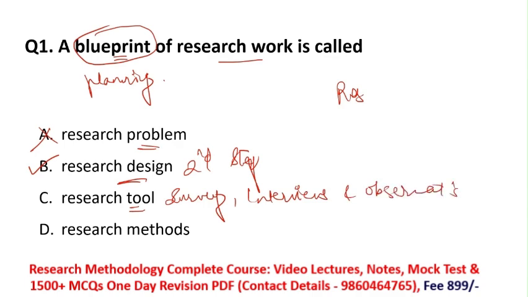From these tools you can collect data to perform your research. In a research tool again you are not going to plan anything, so that's why option C is incorrect.